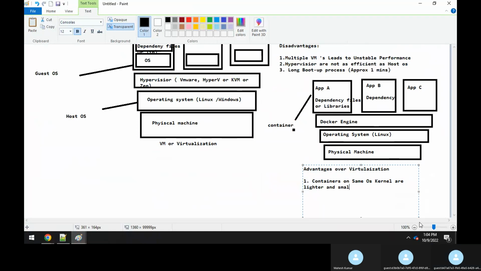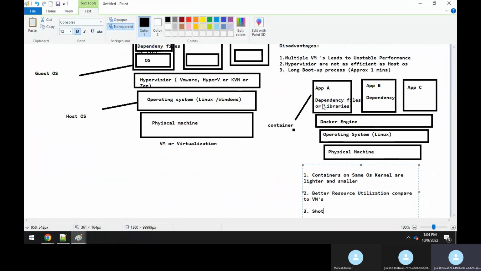These are very lightweight containers, and they are smaller too. The second point is better resource utilization compared to VMs. And the third point is short boot up time.